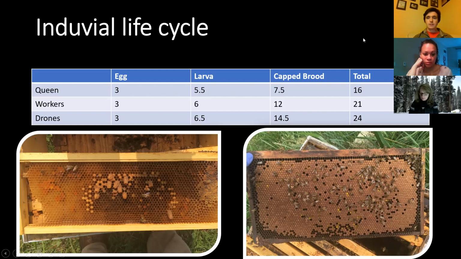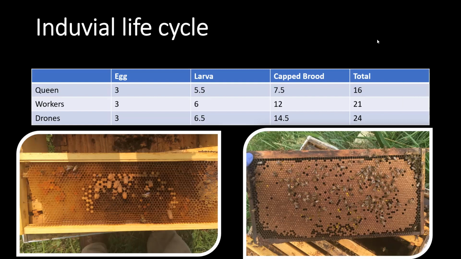And we went into how workers go through different tasks throughout the season. That's important to understand, and there's a difference between that and the seasonality of the honeybee colony.